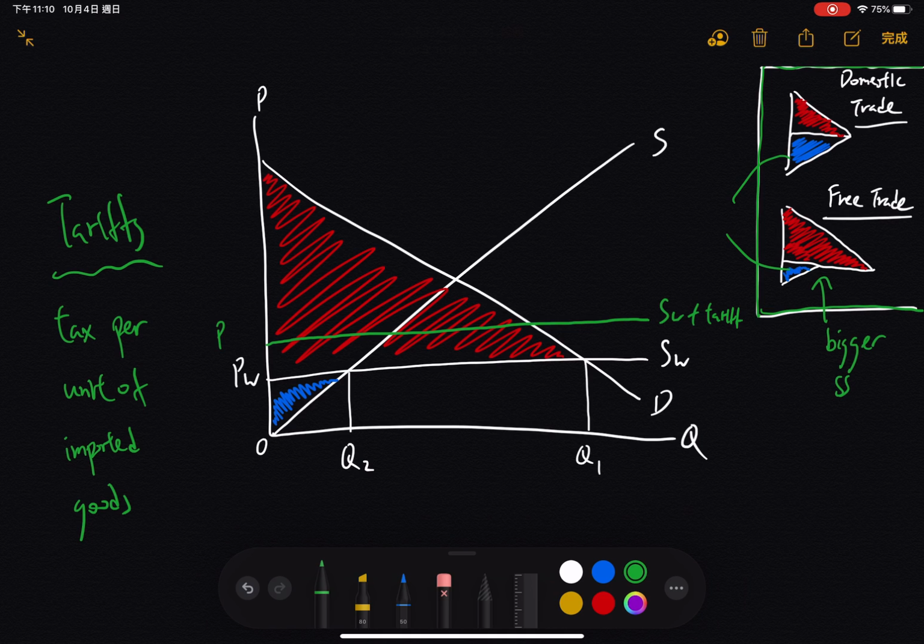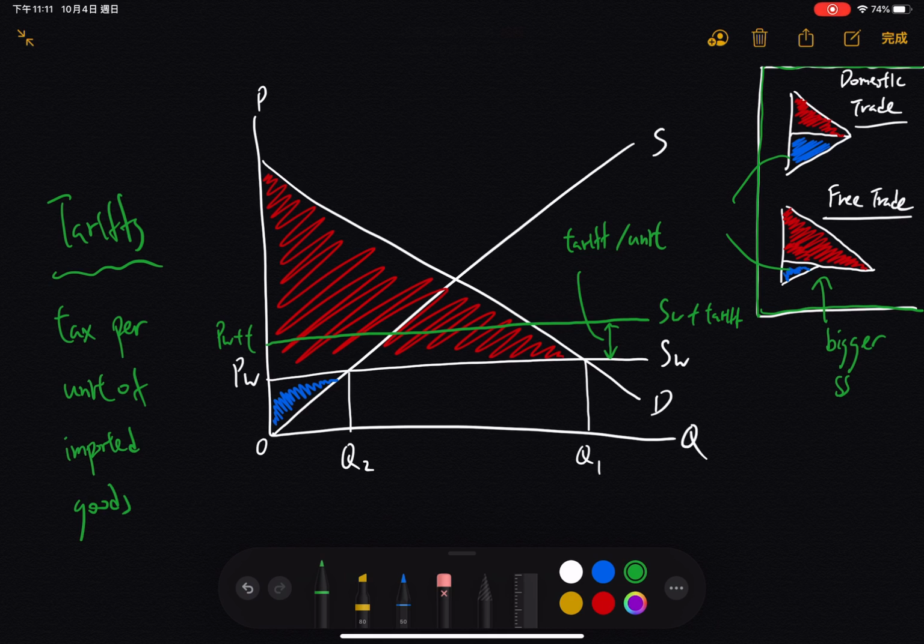Let's call that PW plus T. You know what this distance here is. It's just the distance of the tariff, the cost of tariff per unit of imported good that the importers sell to your country. So this is basically the diagram.